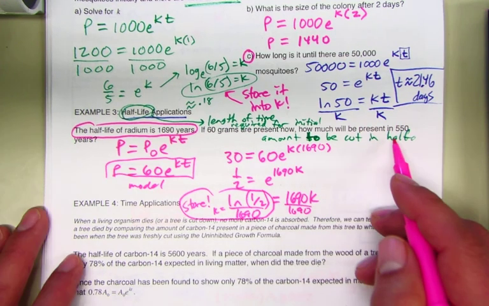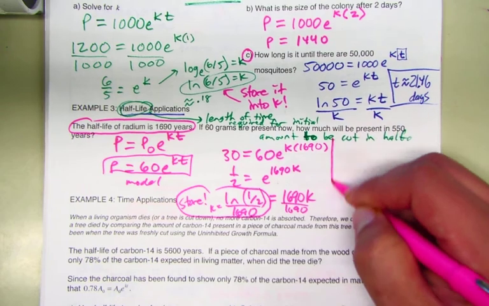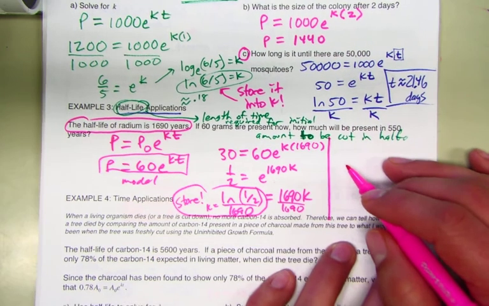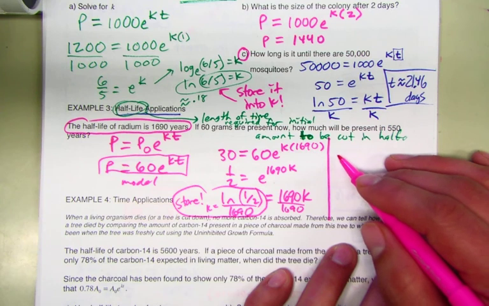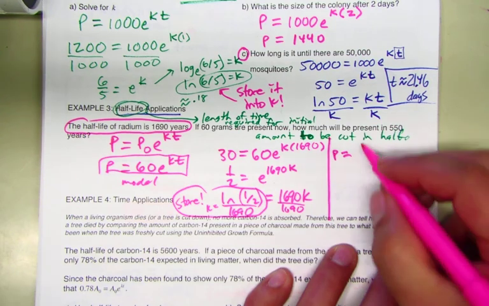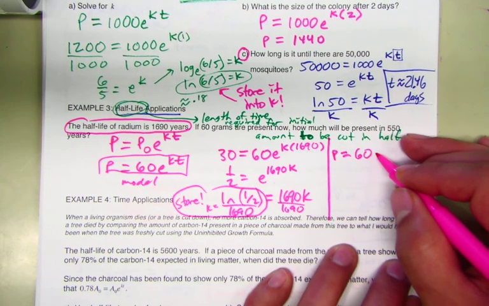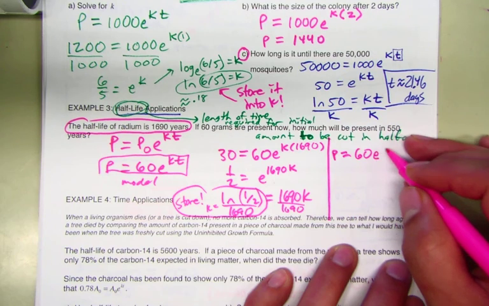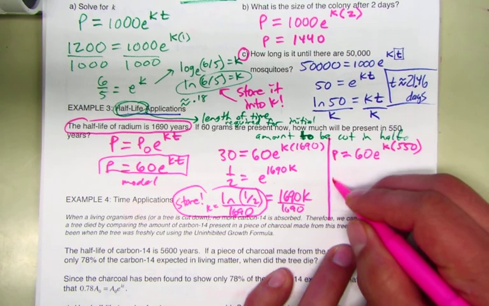P is going to be 60 times e to the k, which we now have, and then our time is 550, so we just type that in. So how much is present? 60 e to the k, whoops, not x, k times 550. Are you guys all getting about 47.88?